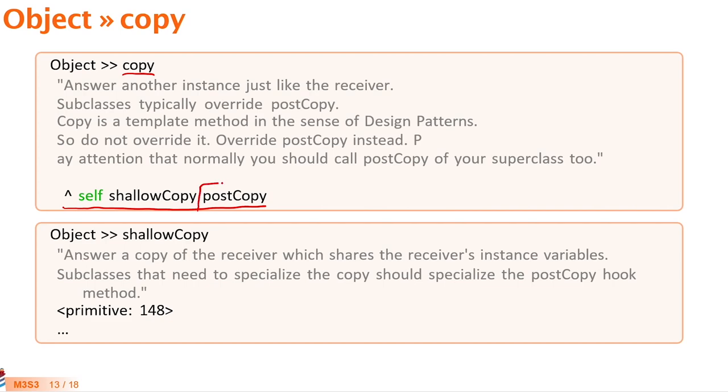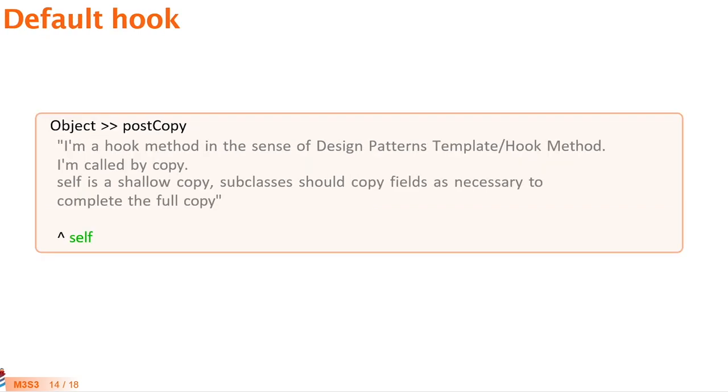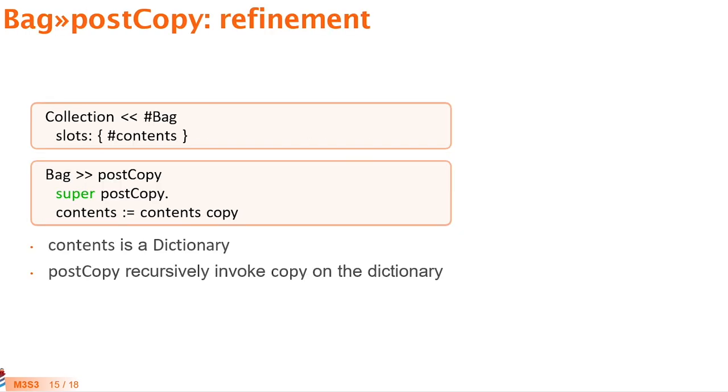But we have a hook there, another method, which is postCopy. There is a default implementation in Object of postCopy that just returns self. So we might think that it is useless. Why have a postCopy that just returns self? Now we can analyze what we can do with that by extension with subclasses.